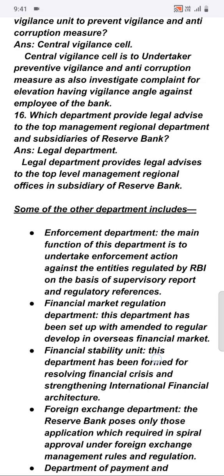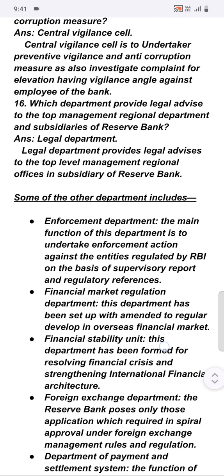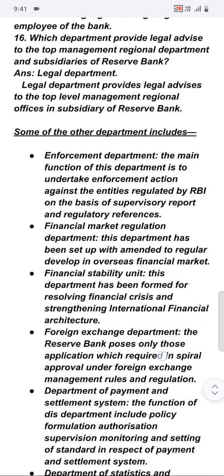1. Enforcement Department. The main function of this department is to undertake enforcement action against the entities regulated by RBI on the basis of supervisory reports and regulatory references. 2. Financial Market Regulation Department.